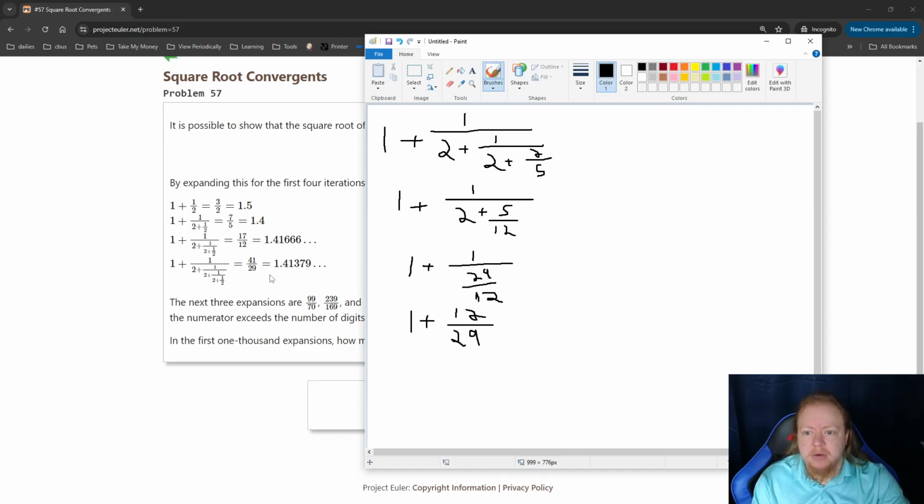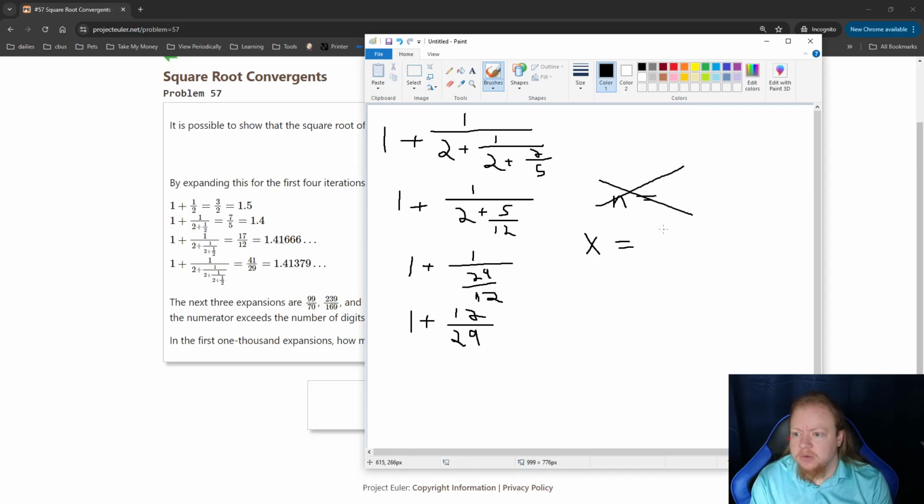So we have this pattern emerging here where for any given number in the sequence, let's just call it x.